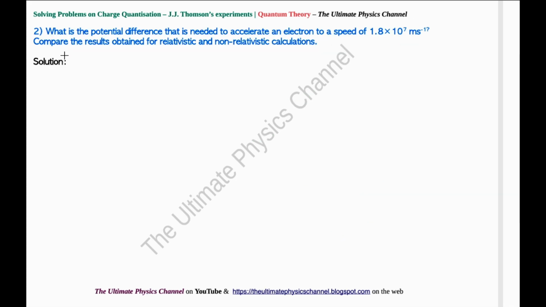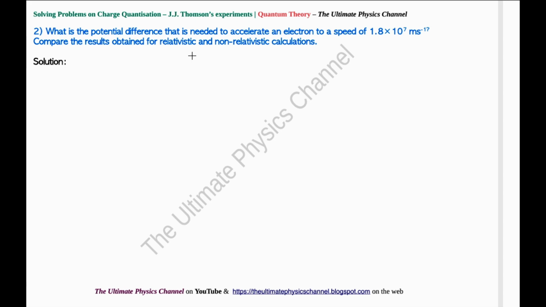Problem number 2. What is the potential difference that is needed to accelerate an electron to a speed of 1.8 into 10 power 7 meters per second? Compare the results obtained for relativistic and non-relativistic calculations.